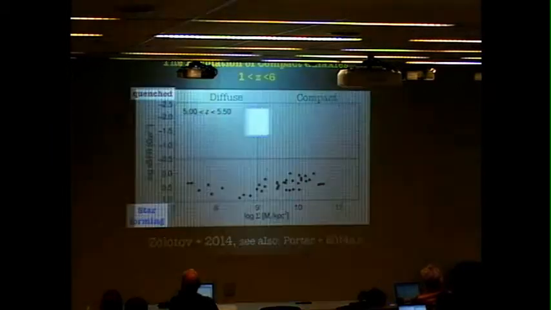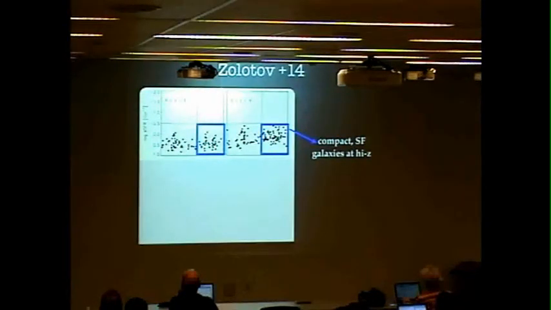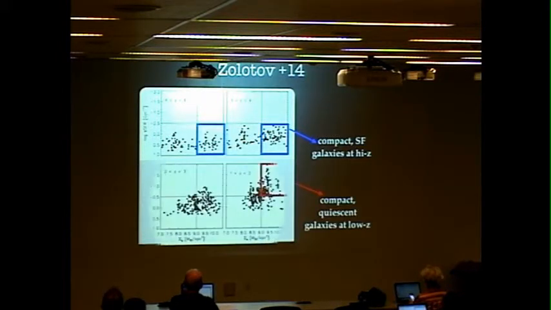Because it's a little bit hard to see exactly what's happening in the movie, let me just zoom in and say that at high redshift, between redshift 6 and 3 in these simulations, we see this population which resembles what Guillermo just showed: compact, star-forming blue nuggets, if you will. And then at lower redshifts, between 2 and 1, we see that these galaxies are starting to quench and form red nuggets, similar to what we see in observations.